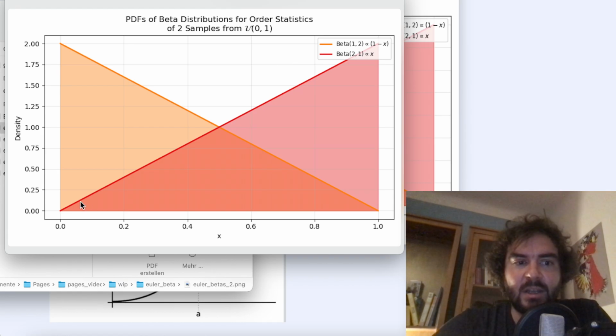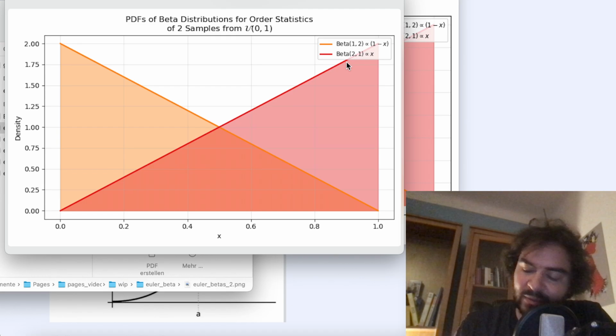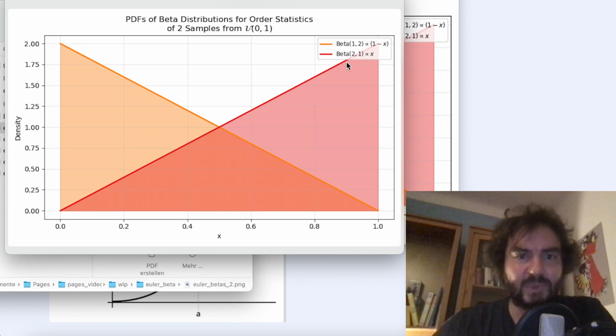Here the chance of the maximum being a small value in a uniform sampling from the continuous interval is small, and the chance actually grows linearly, and maybe with my explanation of looking at one dice after the other, it's sort of intuitive.